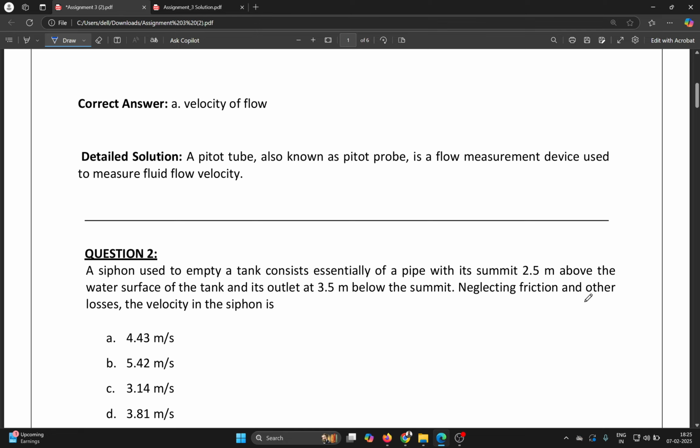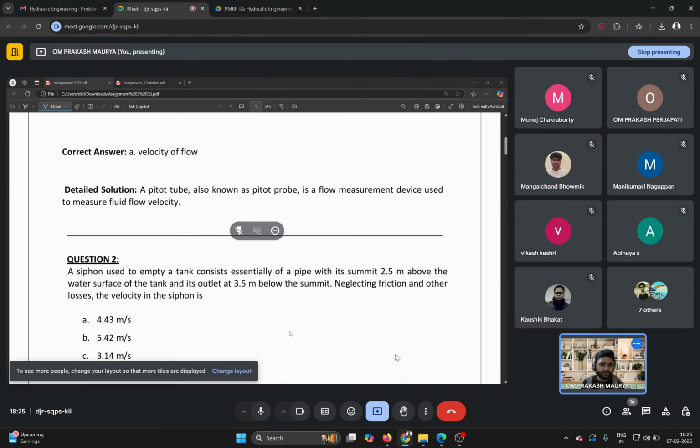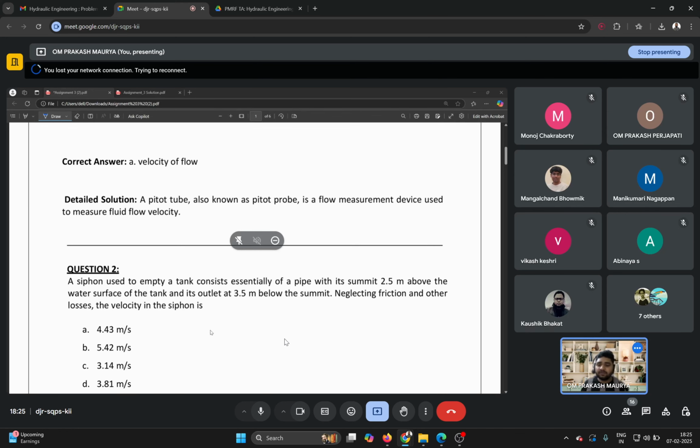Neglecting the friction and other losses, the velocity in the siphon is: option A 4.43, B 5.42, C 3.14, D 3.81. So please try to solve question number 2.